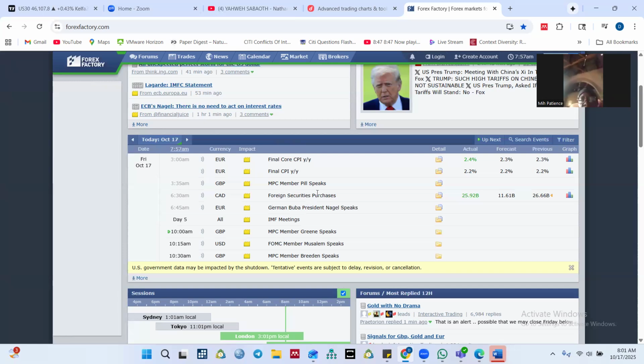So news brings volatility, more liquidity. News brings more volume so that the market will move, and it will always move and open or close within the technical analytical frame. So news doesn't defy the technical analysis.